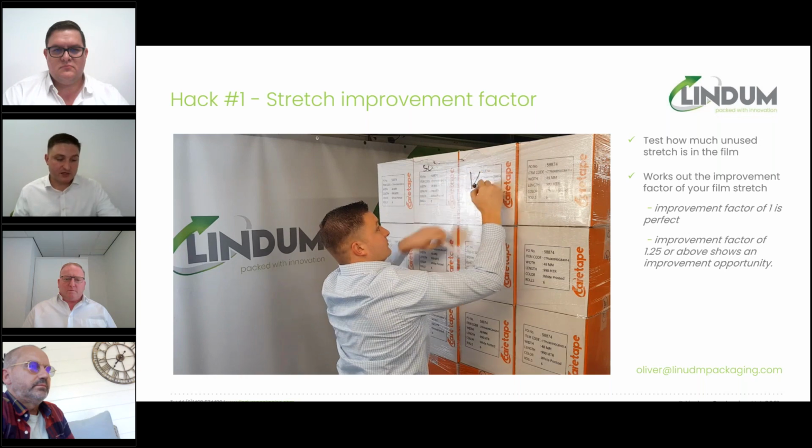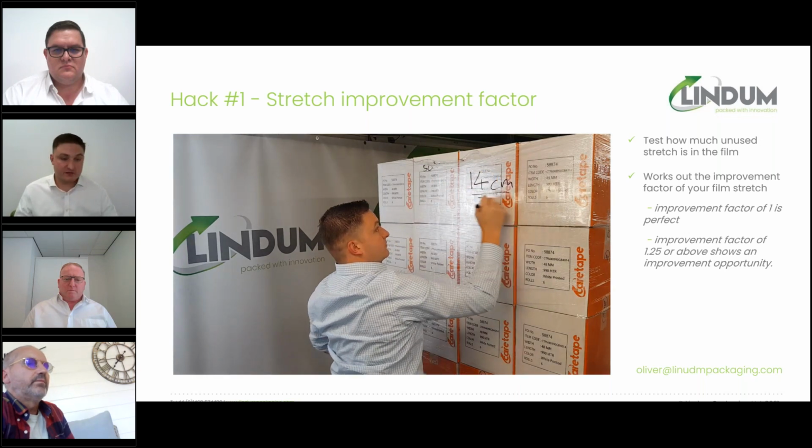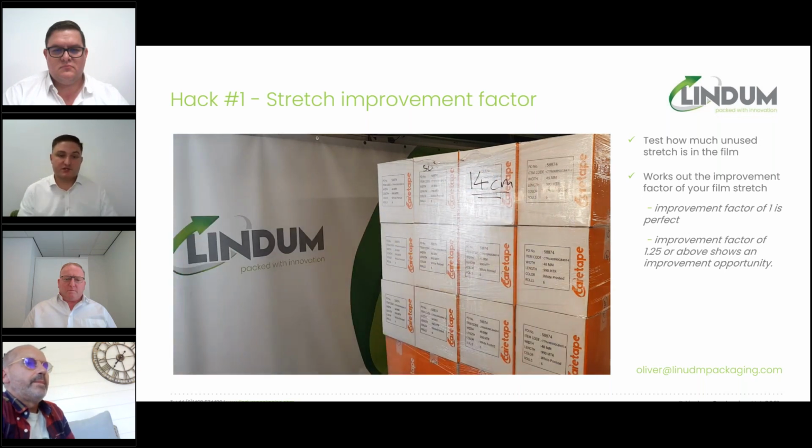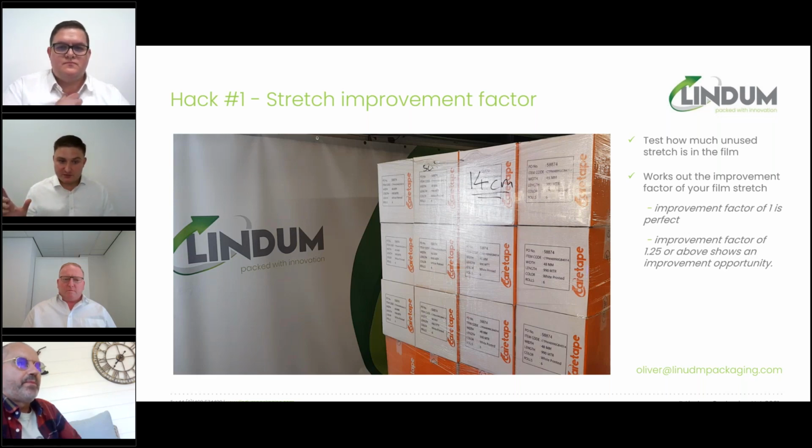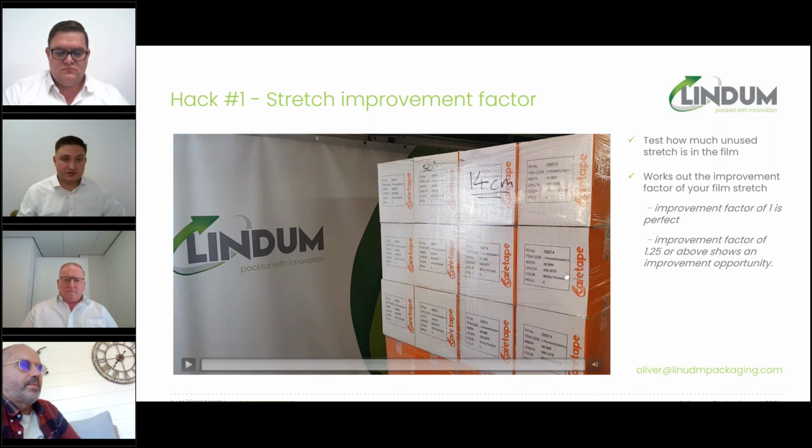Bear in mind, we started at 5 centimeters, and in this particular example, it stretched all the way to 14 centimeters. To get the improvement factor, you simply divide the new measurement by the original one. In this case, 14 divided by 5, you get an improvement factor of 2.8. The perfect score, if your wrap was already stretched to its optimum, would be 1.